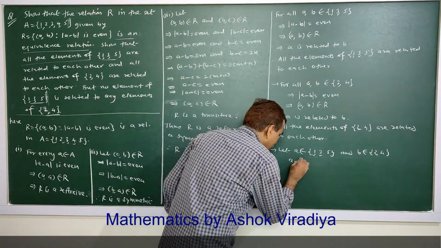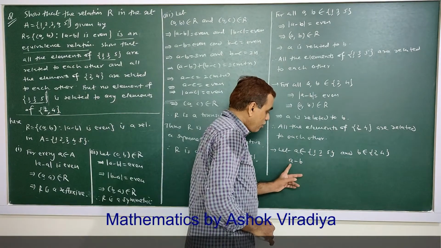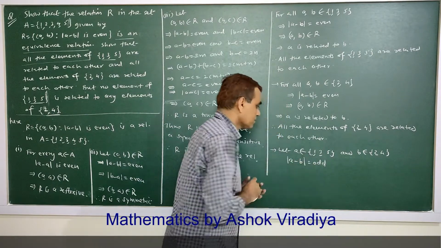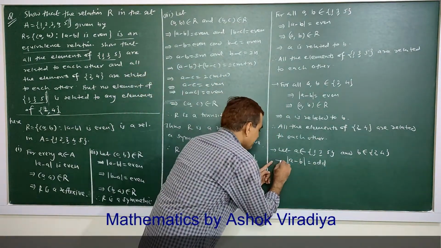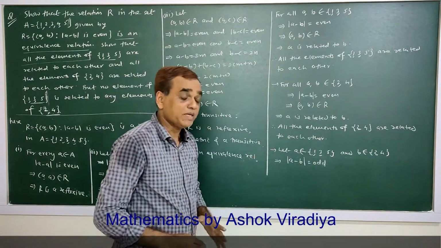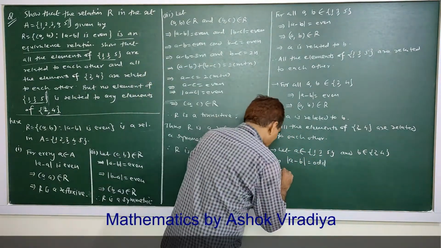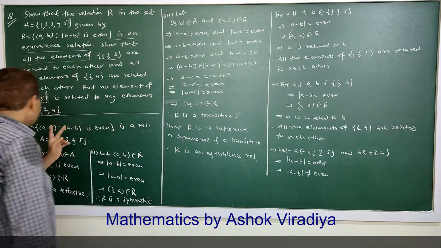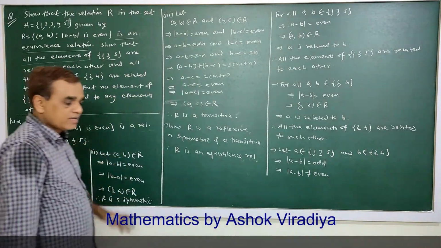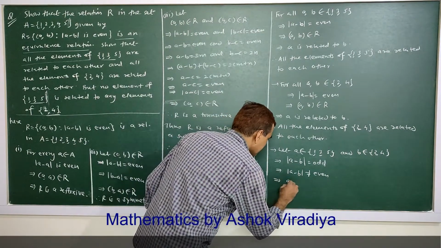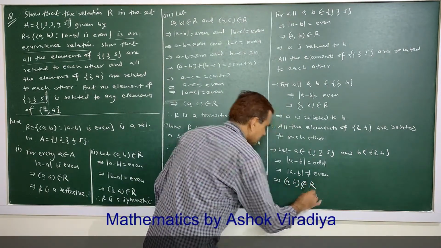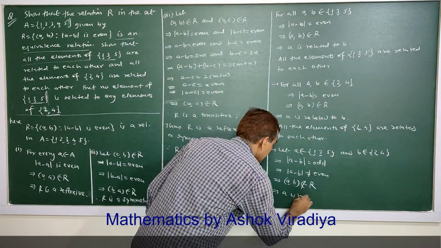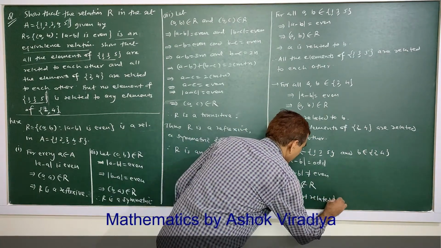And if you take the difference of odd and even, odd minus even is odd. So the difference of odd and even is odd, which means it is not even. This value is not even, and if the difference is not even, then (a, b) does not belong to R. So a is not related to b.